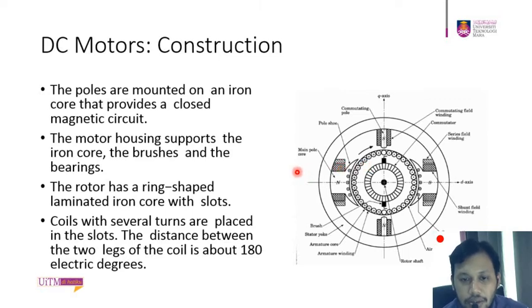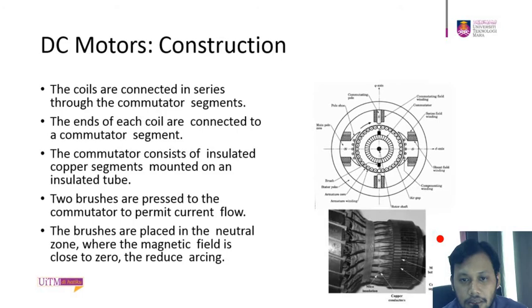The rotor has a ring-shaped laminated iron core with slots, and coils with several turns are placed in the slots. The distance between the two legs of the coil is about 180 degrees. The coils are connected in series through the commutator segments, and the end of each coil is connected to a commutator segment.